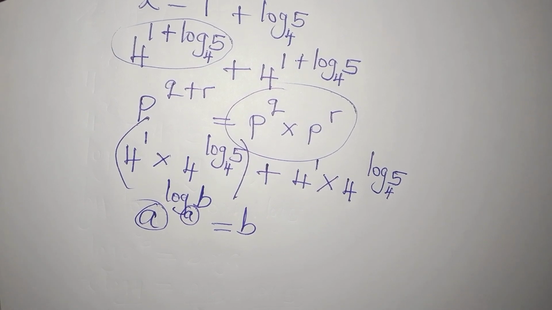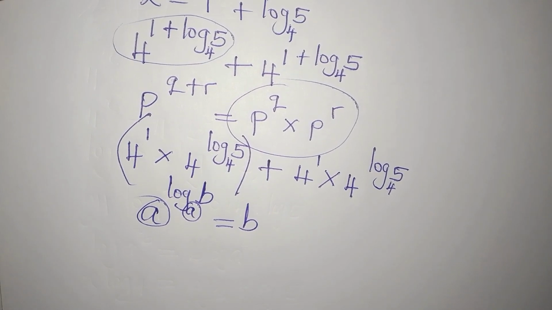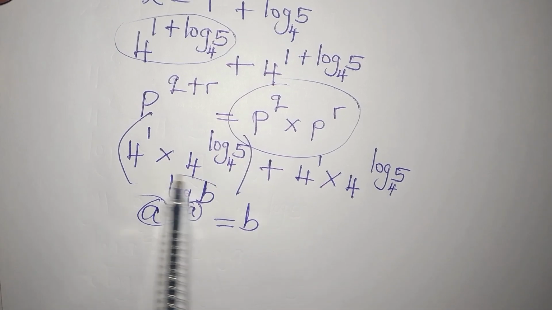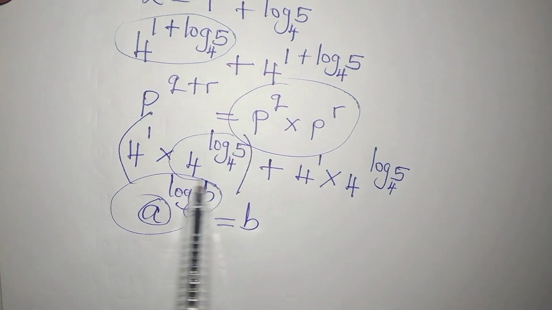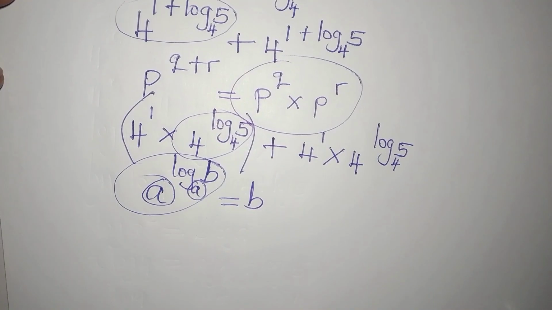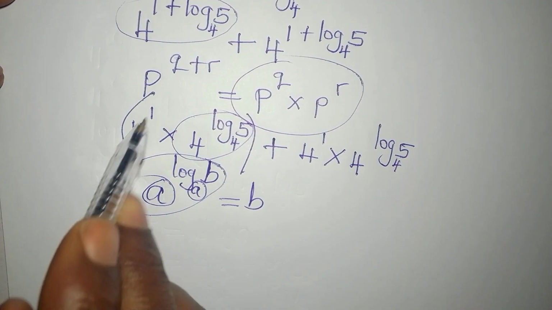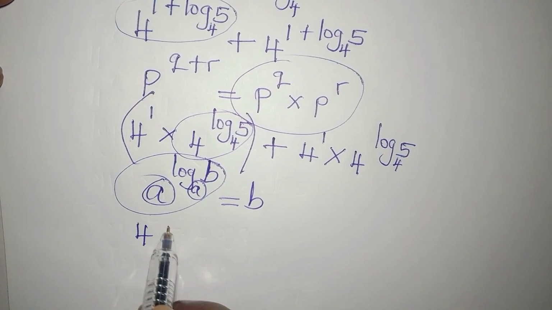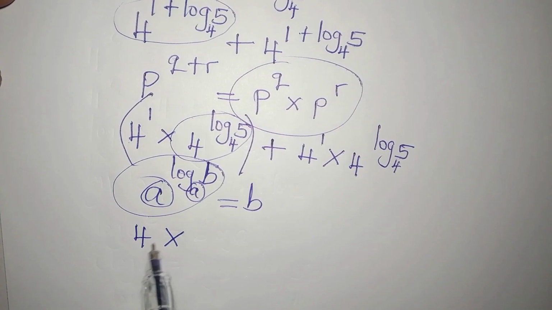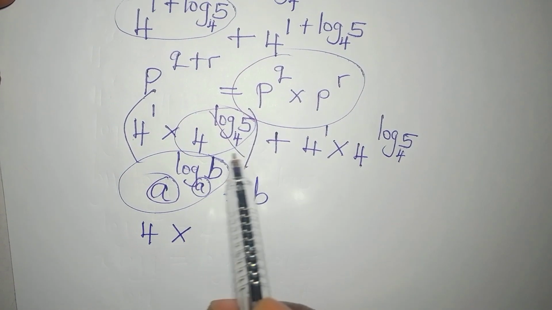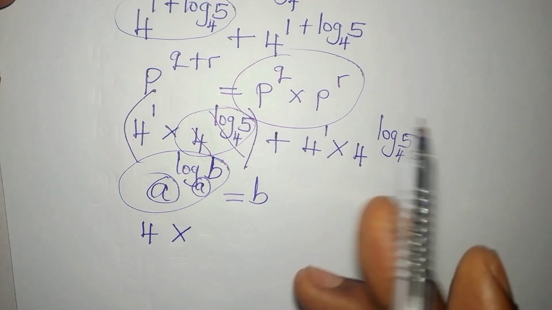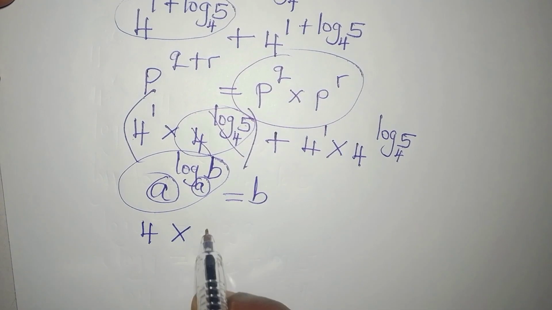So b becomes what you have. And then we can see that the whole of this, and this, are the same. So from there now, we just have 4 to the power of 1, which is 4, multiplied by this, and this will give us 5.